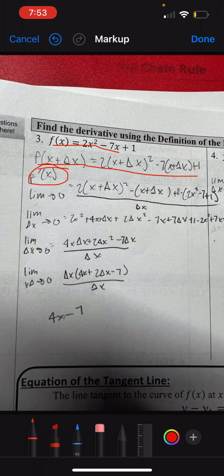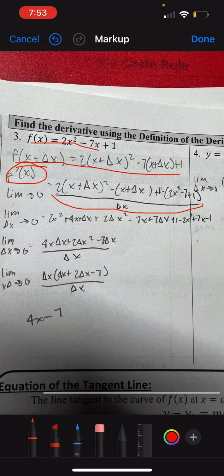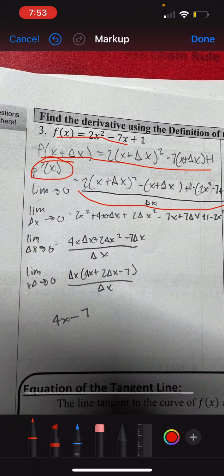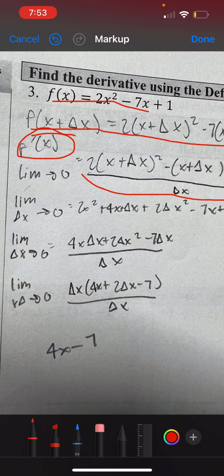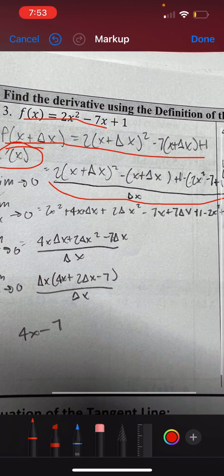Find the f prime, which is the derivative, as delta x approaches 0. Right here, we plug it in, and then we expand it. Limit of delta x approaching 0.